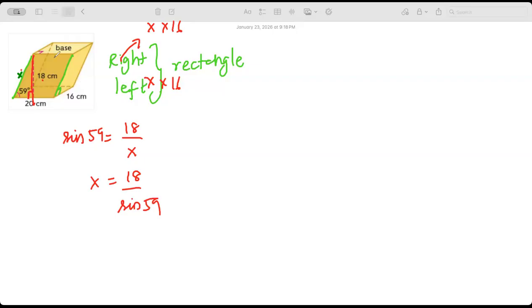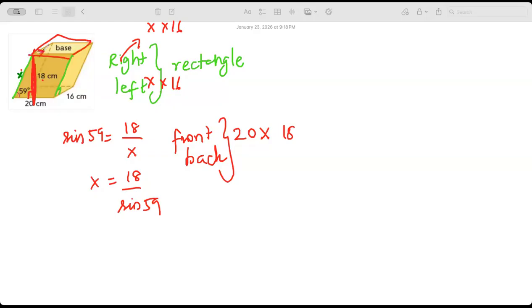For the front, what is the area of the front? 18 times 20. Yep, because it's a parallelogram. Base is 20 times the perpendicular height is 18, front and back. Right and left we found, front and back we found, and then top and bottom, top as well is a right angle.